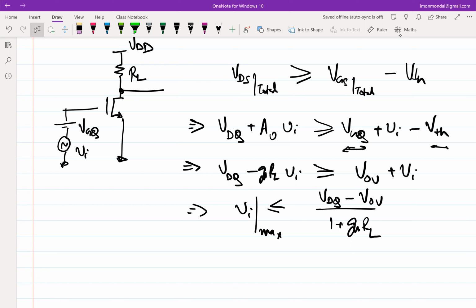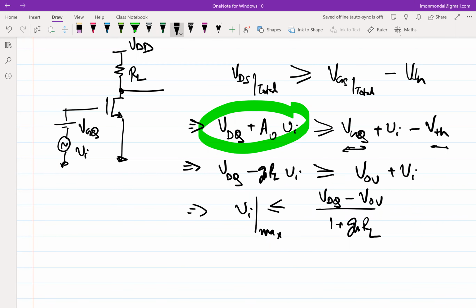Okay, so now some of you could have asked me the question: why did I say that the total voltage is this at the output? The total voltage is actually not this, right? I can say the total voltage is quiescent plus the change in current times RL, right?